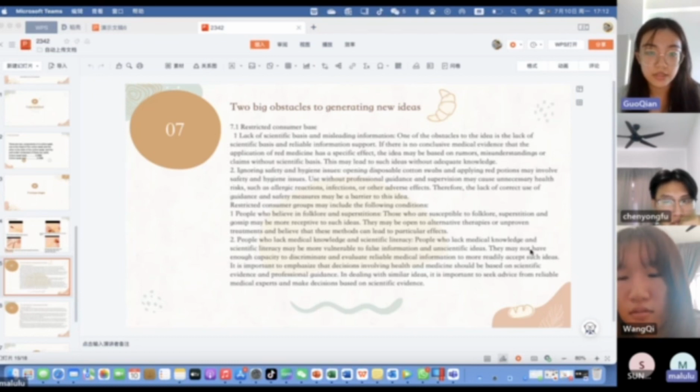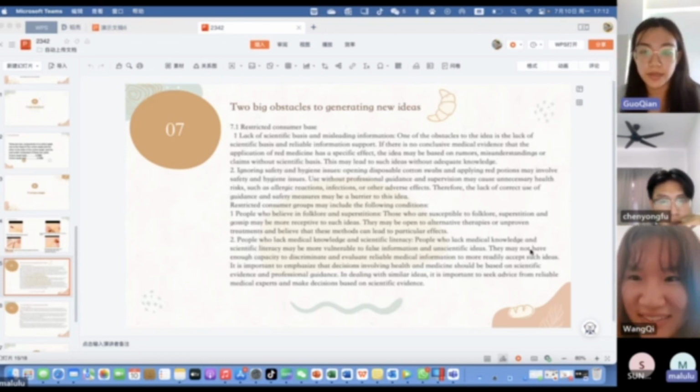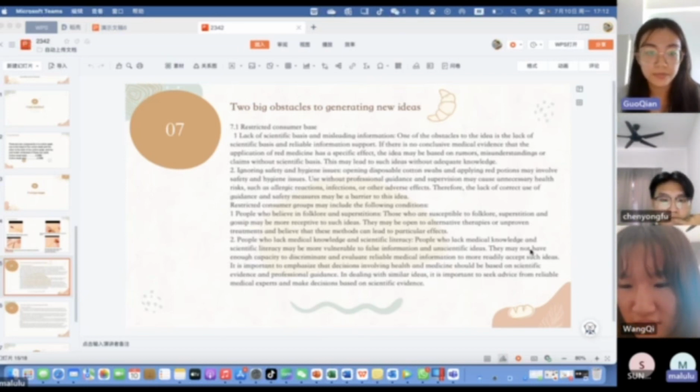Second is safety and hygiene issues. Opening disposable cotton swabs and applying the medicine may involve safety issues. Use without professional guidance and supervision may cause unnecessary health risks, such as allergic reaction, inflammation, infection, or other adverse effects.